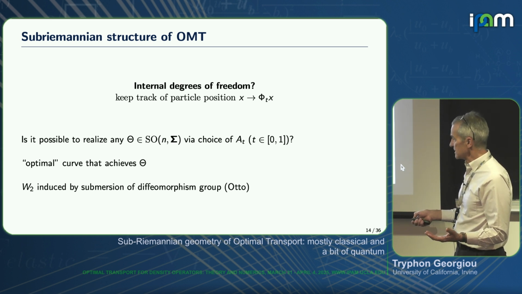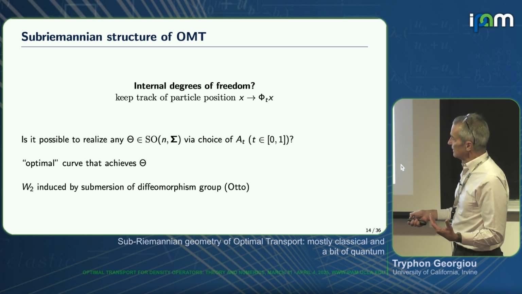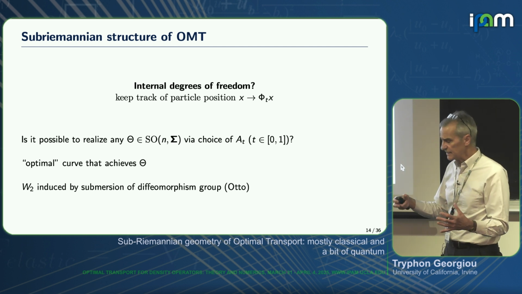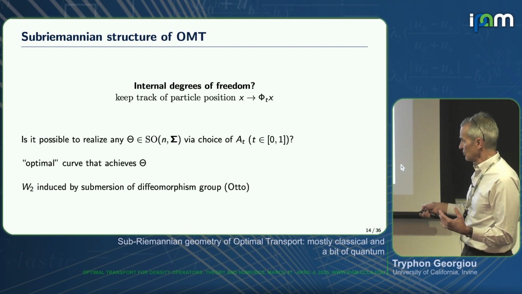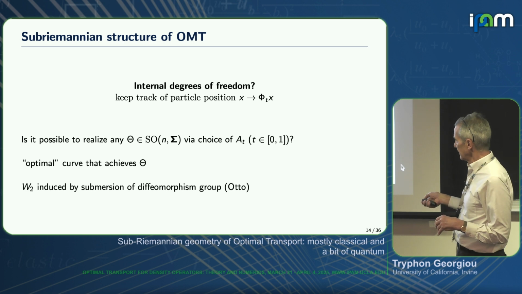Basically all of this comes from viewing the Wasserstein metric on the base space of densities as a submersion of a much larger space which looks at the internal structure. And this goes back actually to the work of Otto.